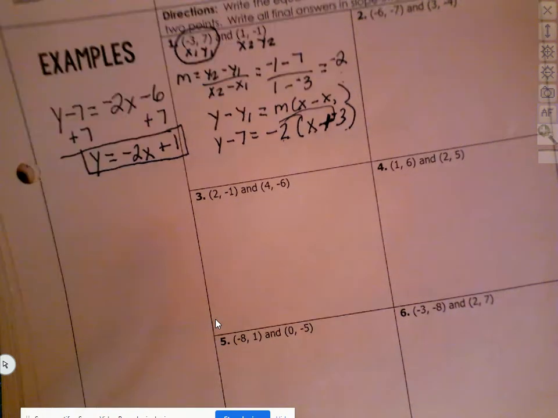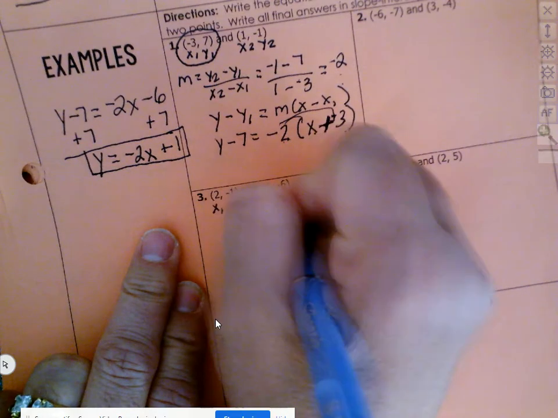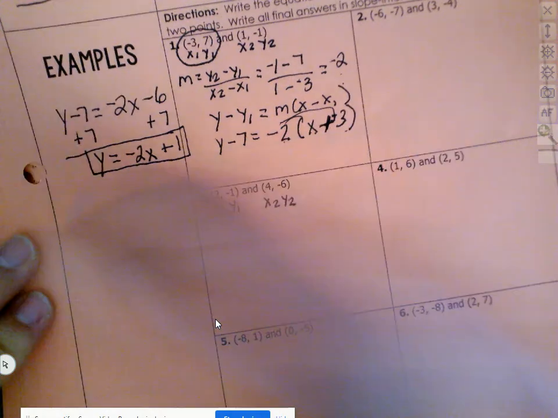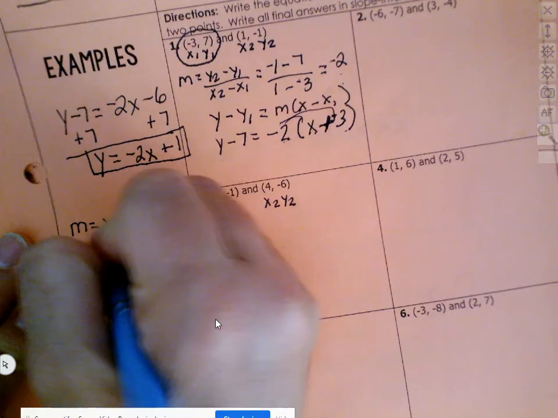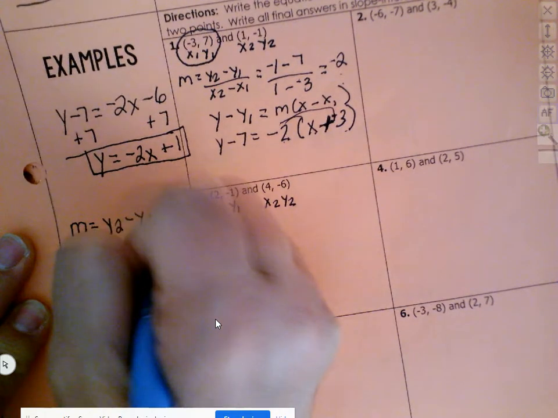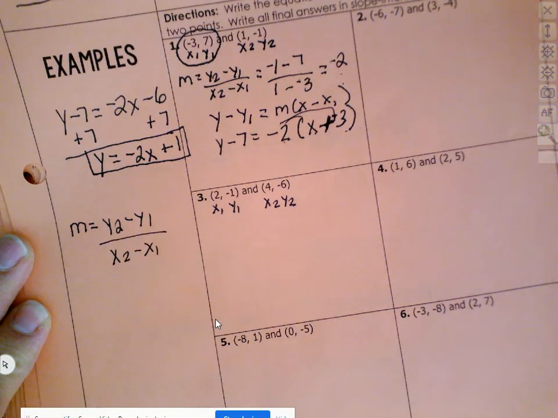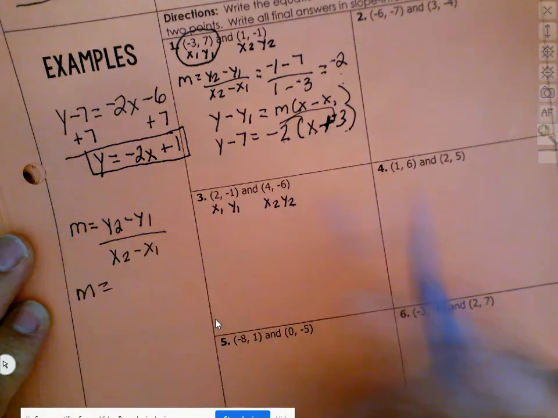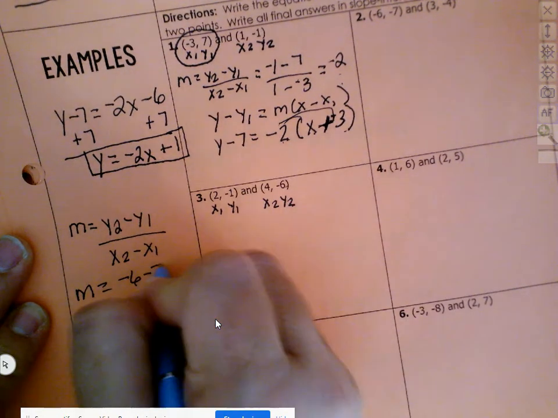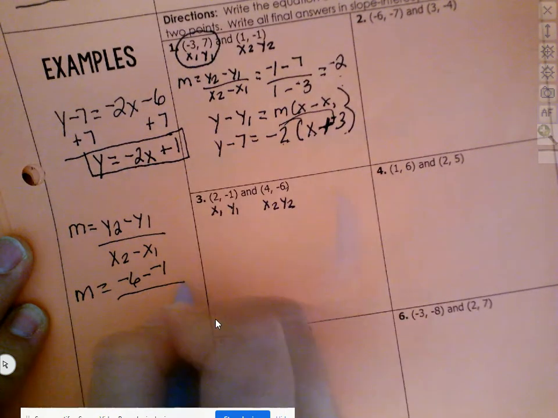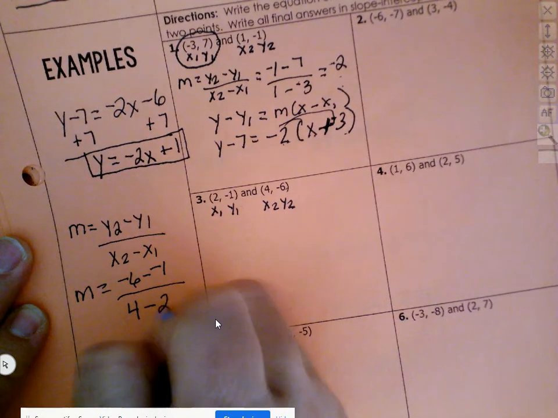Number 3, again, we label x1, y1, x2, y2. I'm going to calculate my slope over here for room purposes. So m equals y2 minus y1 over x2 minus x1. I'm going to substitute in. Negative 6 is y2, you can see right there, minus a negative 1 for y1 over 4 for x2 minus 2 for x1.